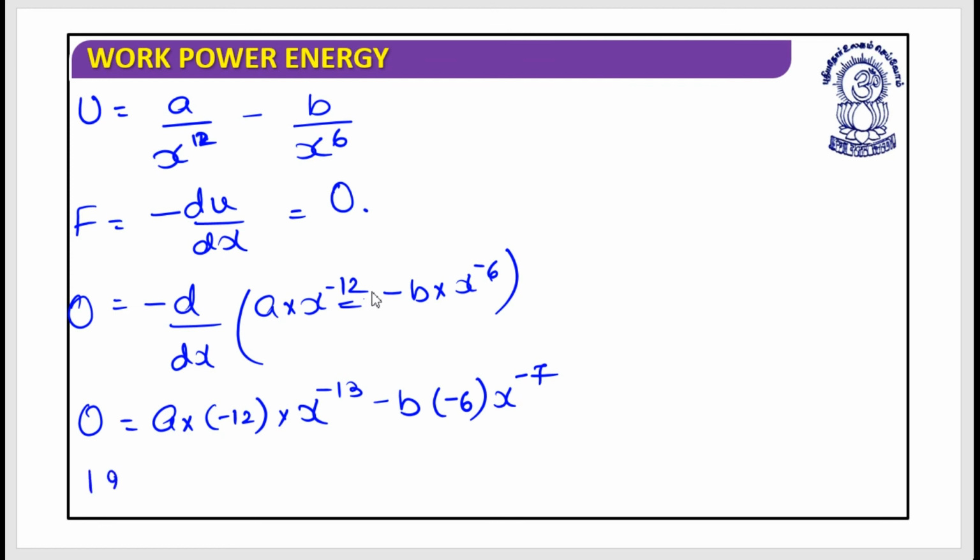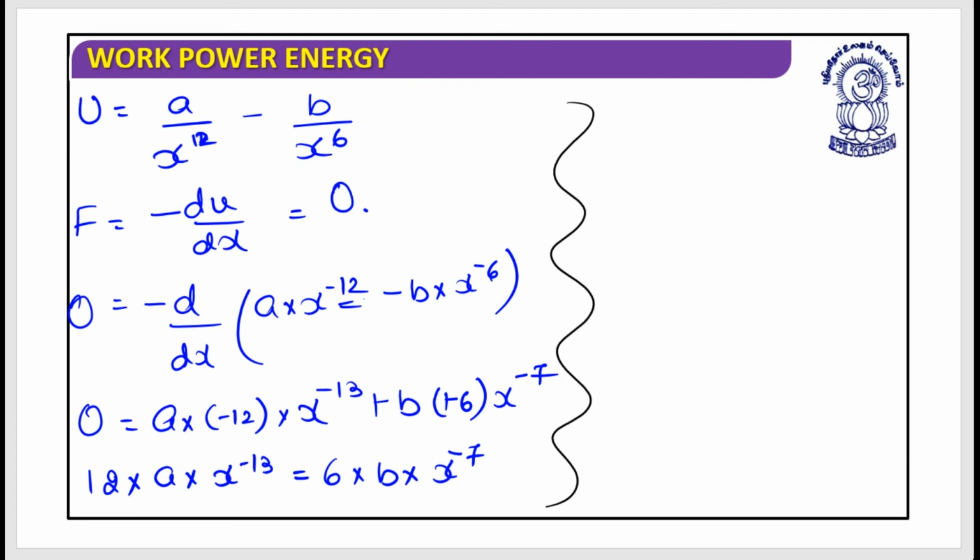If I try to solve this, 12 into A into x to the power minus 13 equals, minus minus plus, 6 into B into x to the power minus 7. I hope this is clear.